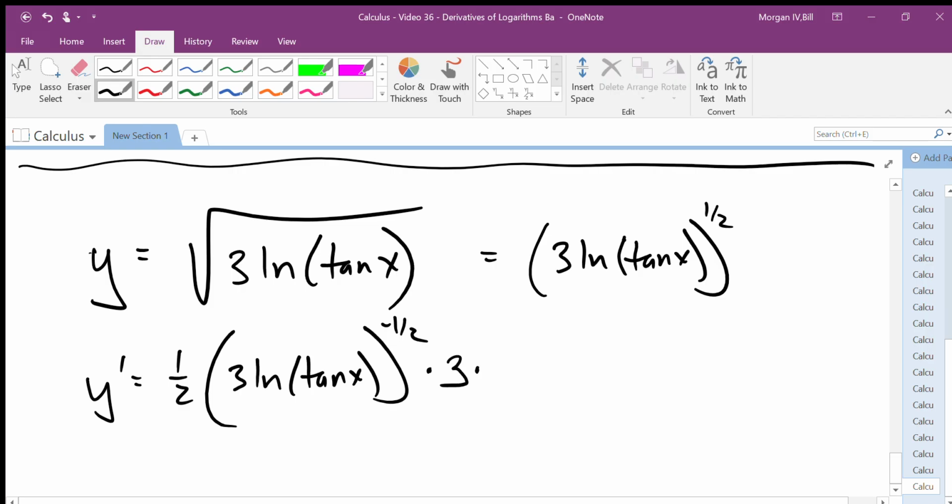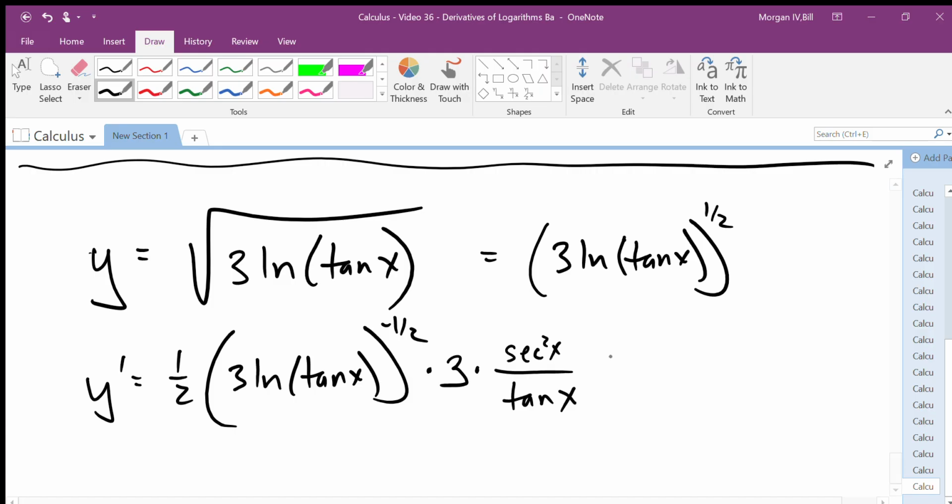The derivative of natural log is u prime over u. The derivative of tangent of x is secant squared of x, over tan x. And so we already got that sort of inside derivative by doing the derivative of tangent of x here being secant squared of x. So that's just it.